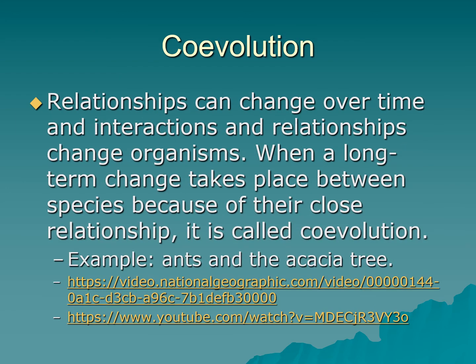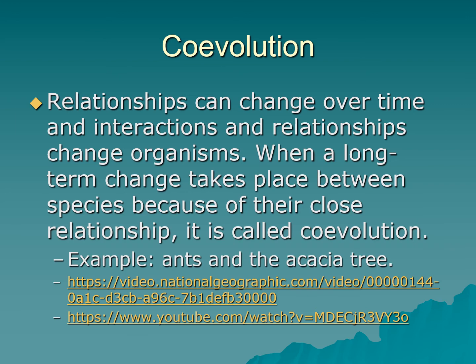And something else I want to mention is that relationships can change over time, and interactions and relationships change organisms. When a long-term change takes place between species because of their relationship together, it is called coevolution. Okay, so there's some really good examples of this that we can find in nature.